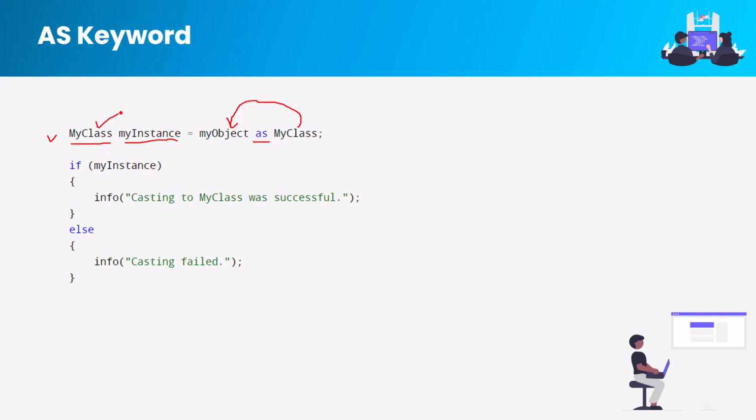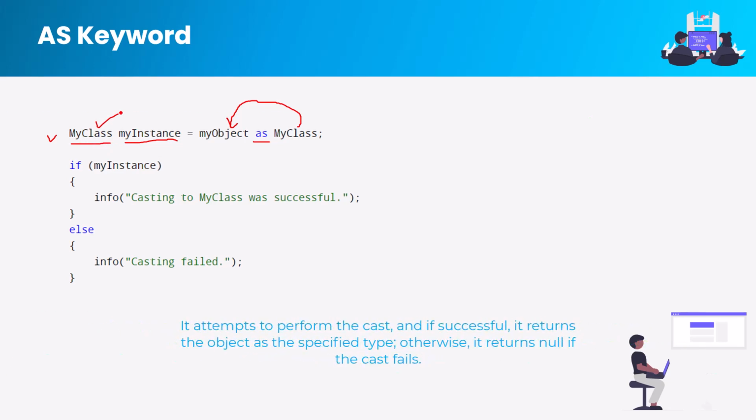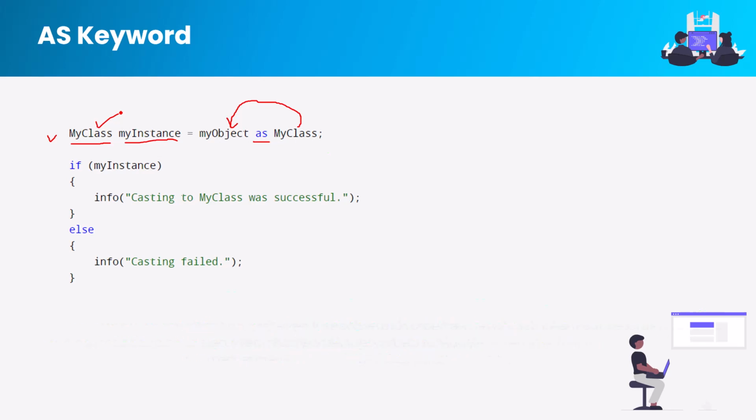The as keyword attempts to perform the casting, and if successful, it returns the object as the specified type, and if it is not successful, it returns null if the cast fails. If it is successful, it returns the object as the specified type, meaning it will convert it to the my class type of object inside my instance.